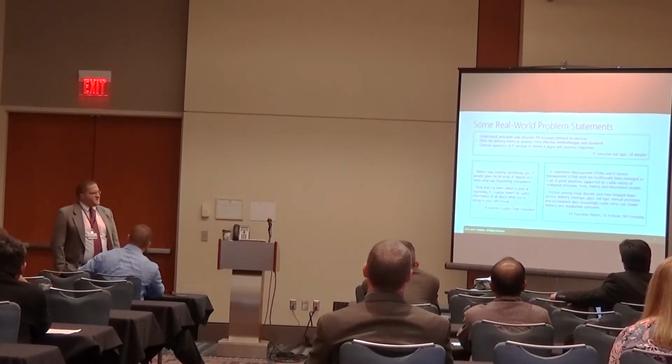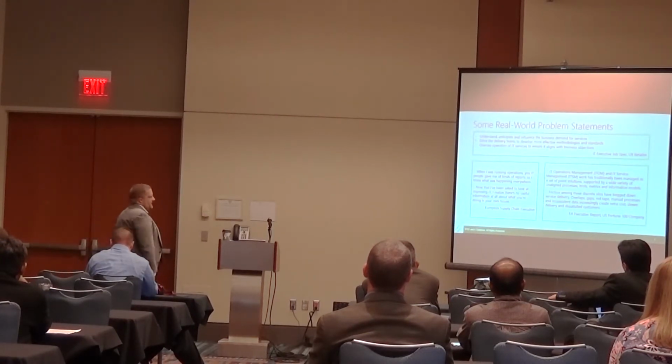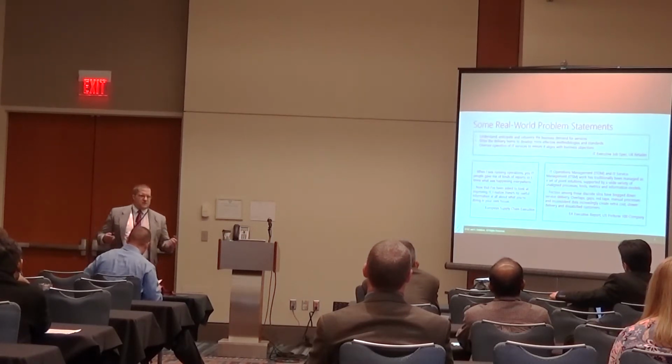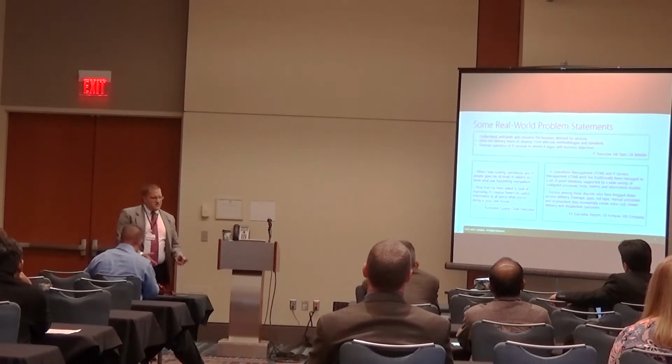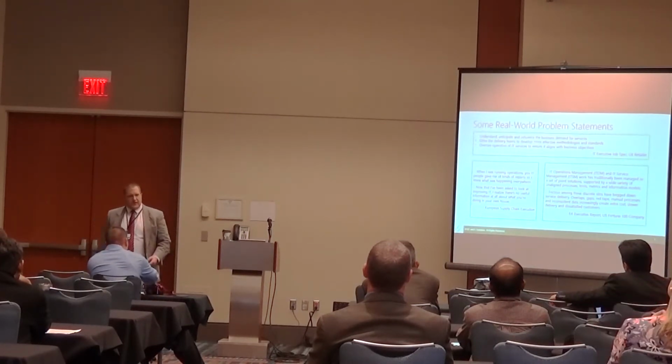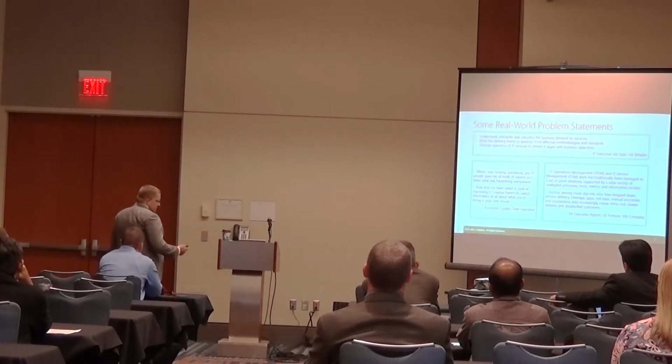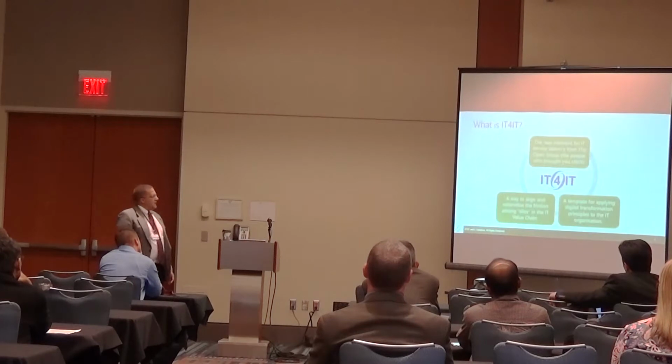The processes weren't aligned, the tools weren't integrated, the data, the metrics, none of that fit together. Everywhere they looked in their IT organization, they saw silos: between development and operations, between project managers and architects, silos all over the organization. That caused friction, slowed down their organization, and drove a lot of additional cost into the picture.